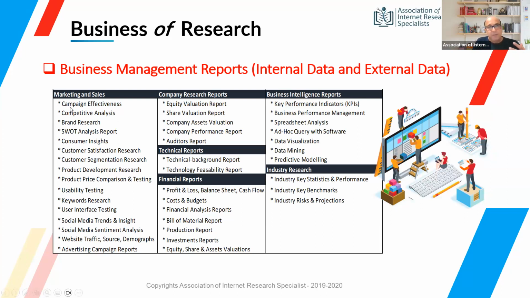So take an example in marketing and sales: you would have campaign effectiveness reports. This is used by the marketing department to see what was the end result of their marketing efforts. Marketing is not just one event, it is ongoing and progressively delivers results over a period of time.